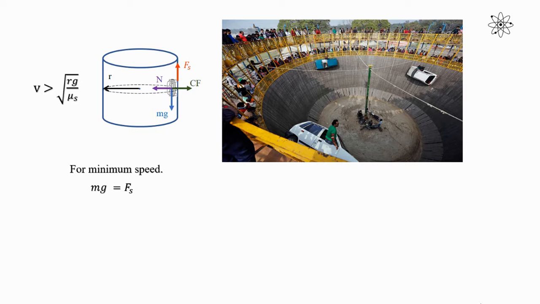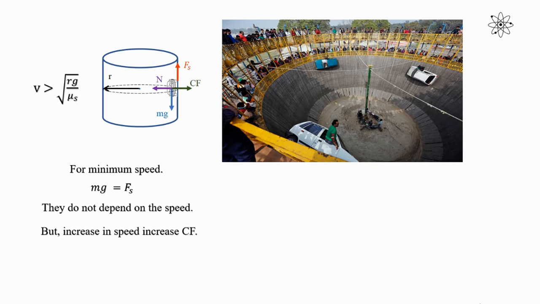As we already discussed, once the weight of the vehicle gets balanced with the force of static friction for the given speed, there is no increase in the force of static friction, even though it depends upon the speed. Once these forces mg and fs get balanced, no change happens even though there is an increase in speed. So we can say, student, they do not depend upon the speed.